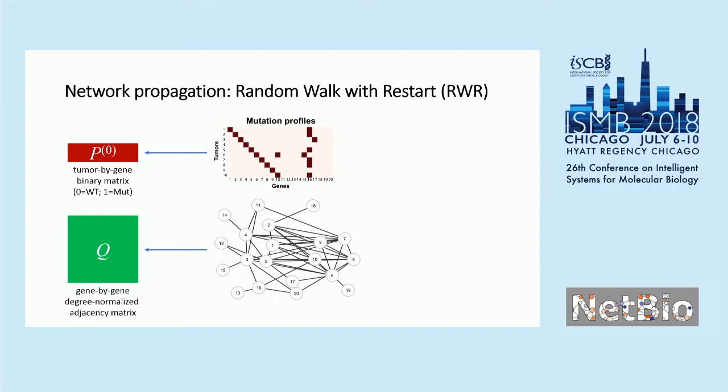This model takes into consideration two pieces of input information. The first is a tumor-by-gene binary matrix, which represents the mutation profiles for each tumor. The second is a gene-by-gene degree-normalized adjacency matrix, which represents the molecular network.